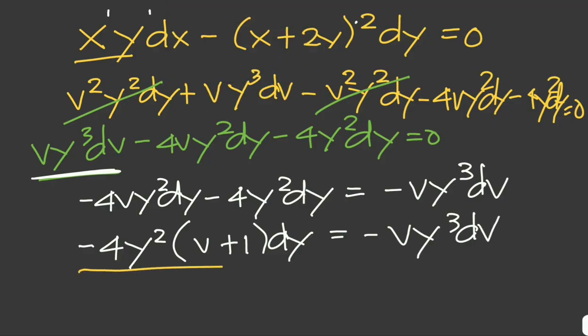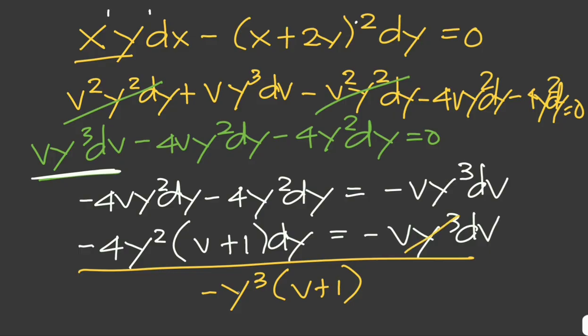Then we can divide both sides by negative y cubed times (v plus 1). So y cubed here cancels out the negative y cubed as well as v plus 1.